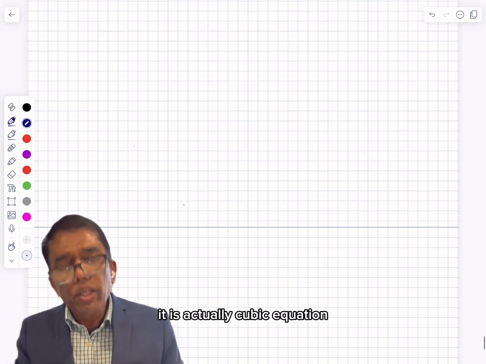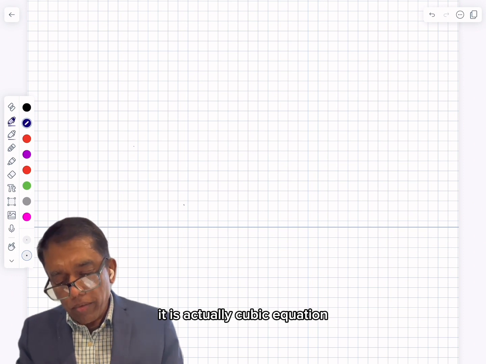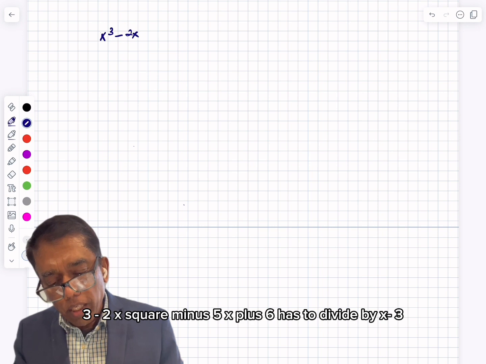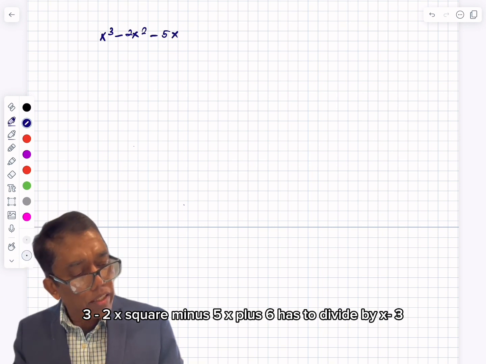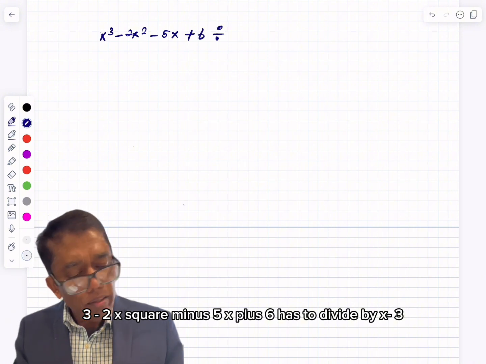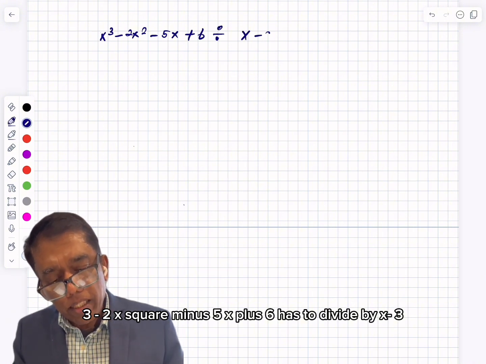It is actually a cubic expression. It is x3 minus 2x square minus 5x plus 6, which has to be divided by x minus 3.